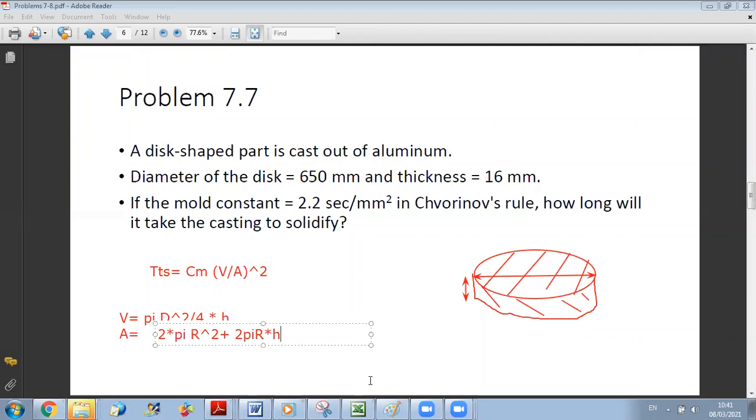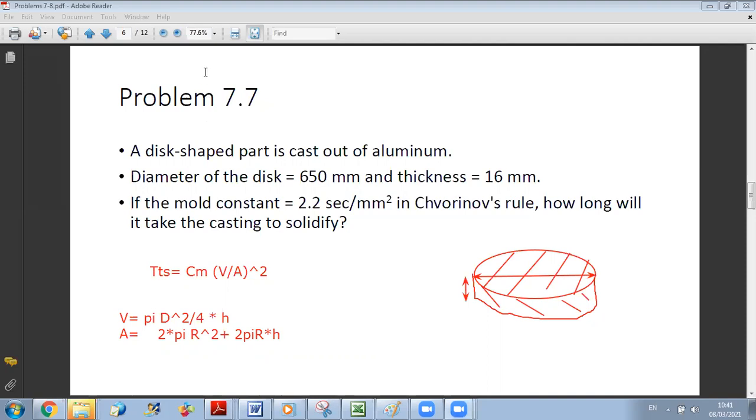In this way, I can get the value of my total area, and then I numerically replace in my formula. Since my dimensions are in millimeters and my mold constant in seconds per millimeter square, I will end up with the time in seconds. And I can convert it depending on the question to minutes or hours.